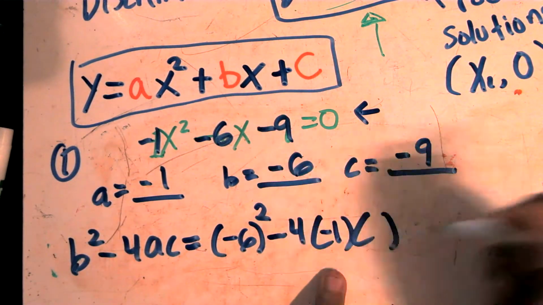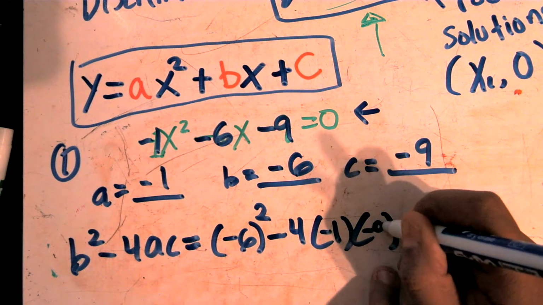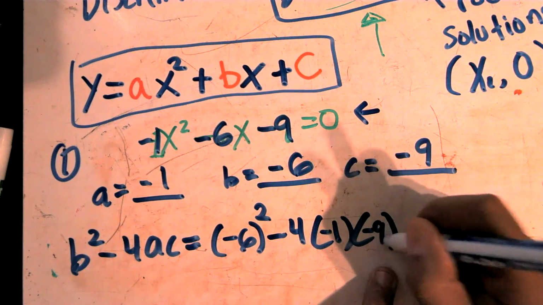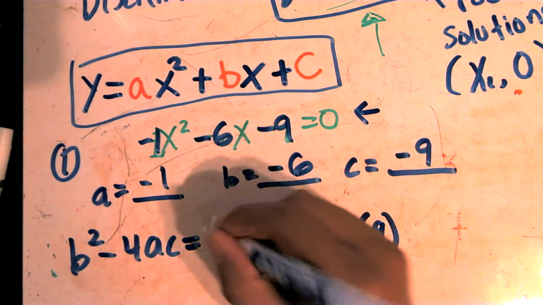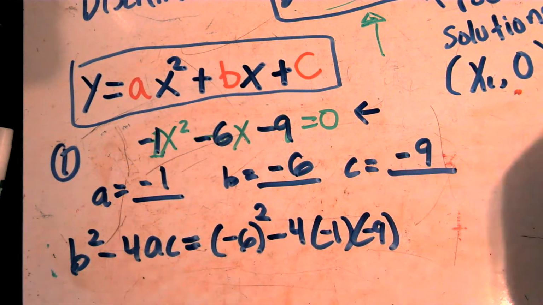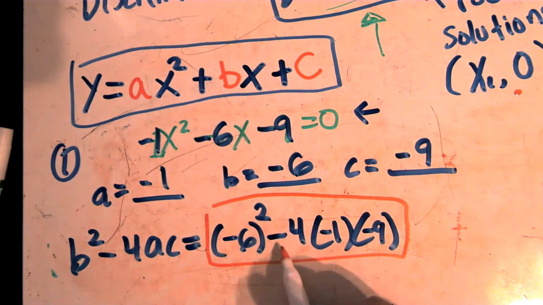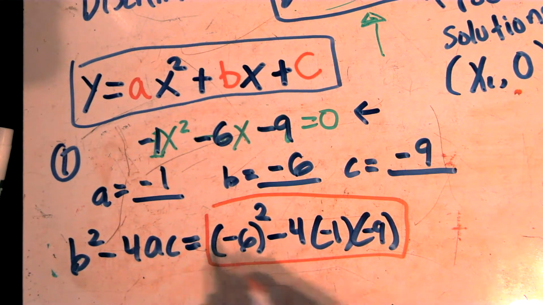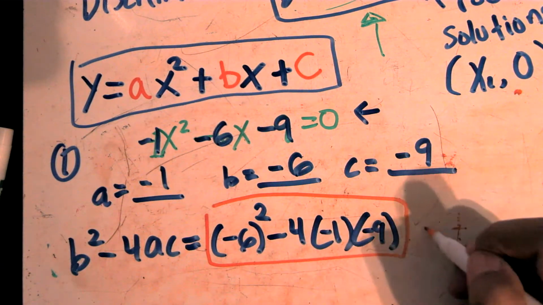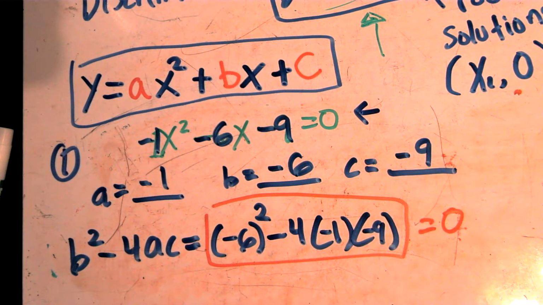Then I bring down my a, then I bring down my 9, and this is what I plug into the calculator exactly as I see it. Make sure I'm using my minus sign here for minus 4, but then my negative sign in my calculator for the numbers, and I get 0.